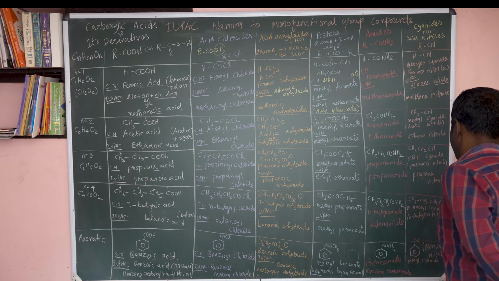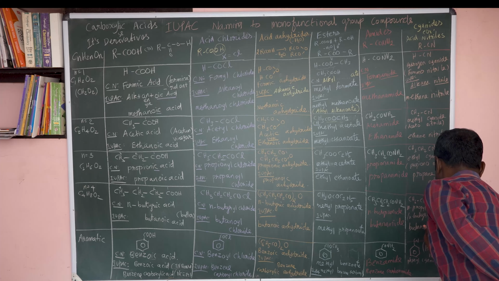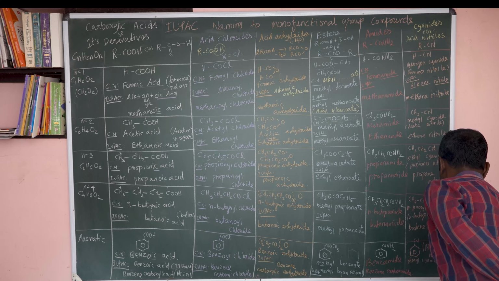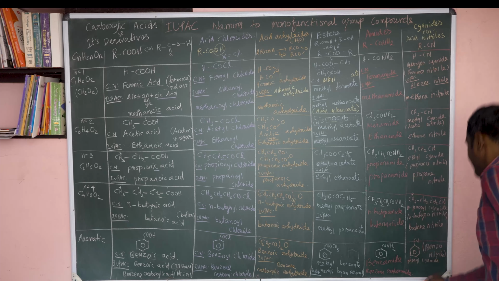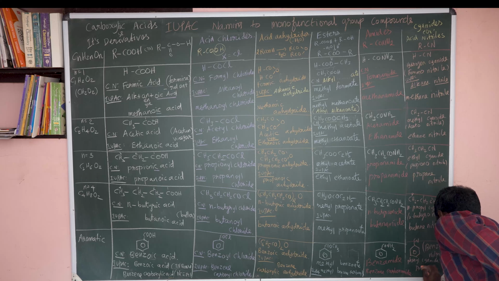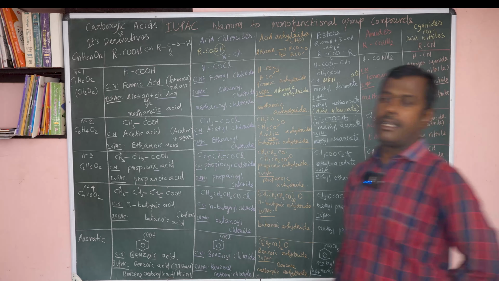And for this compound, butane nitrile, four carbons: 1, 2, 3, 4. And for phenyl cyanide, the IUPAC name is benzene carbonitrile. Like carboxylic acid, here carbonitrile: benzene carbonitrile is the special name.